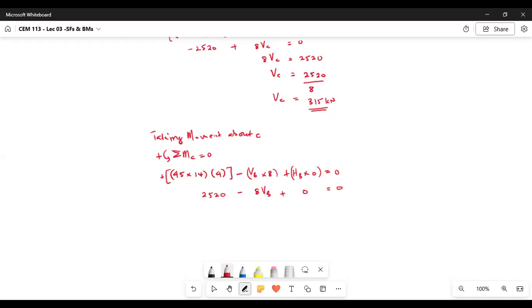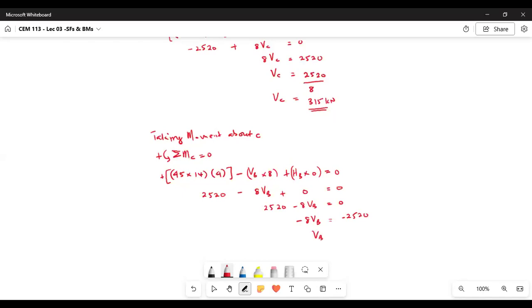Plus 0 is equal to 0. So that when we add all that, we'll get 2,520 minus 8 VB is equal to 0. So that negative 8 VB is equal to negative 2,520.